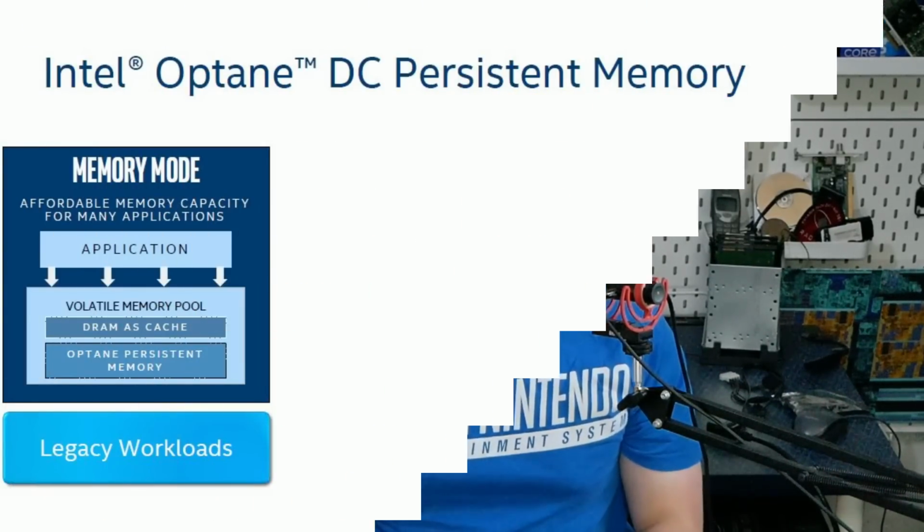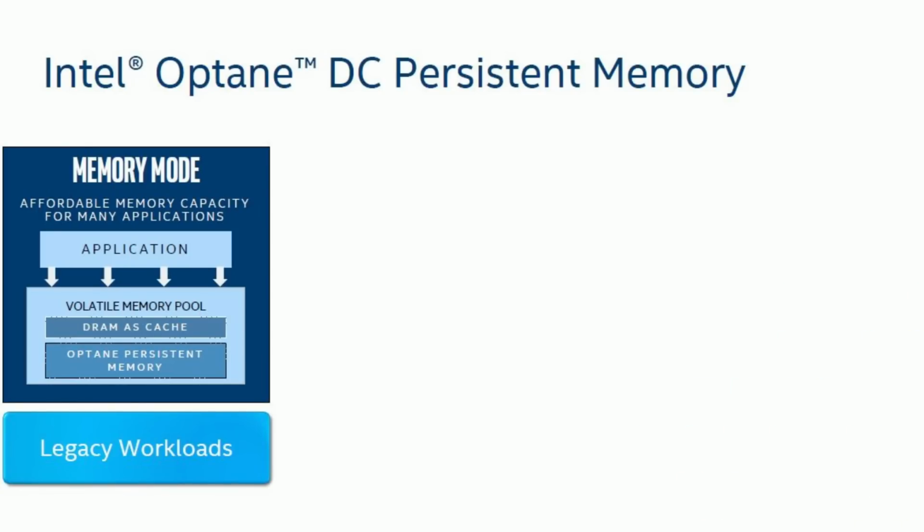And with the Optane DC persistent memory, you could actually run it in 2 different modes. And the 2 different modes, if you know anything about the Xeon Phi, you might remember these. So there was memory mode. Memory mode is the one that's easiest to understand. What you have is the Optane DC persistent memory essentially acts as your massive bank of DRAM.